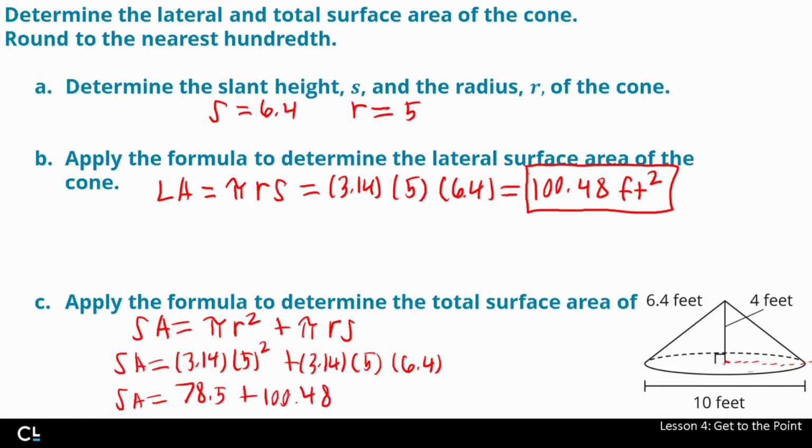Because this second section here is exactly our lateral area. So we add those together, 78.5 plus 100.48. We click enter. And that's going to give me 178.98 feet squared. And there we go. Awesome.